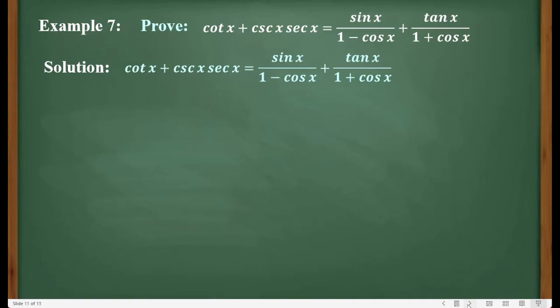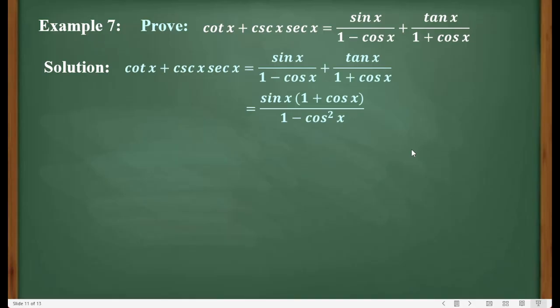So basically, which of the two expressions, what side are we going to choose to simplify? So we take the right side.